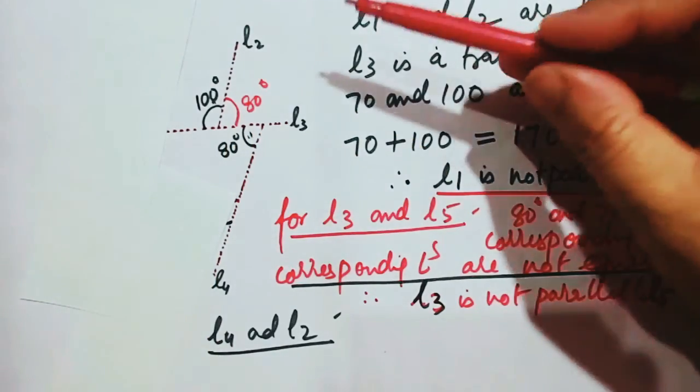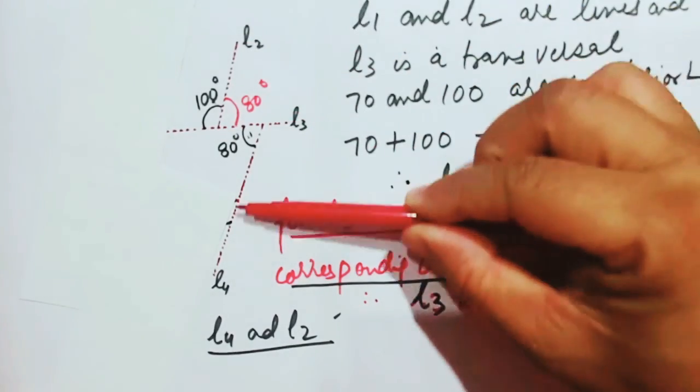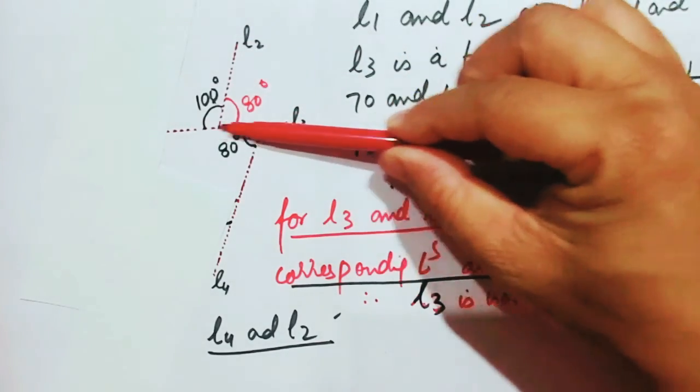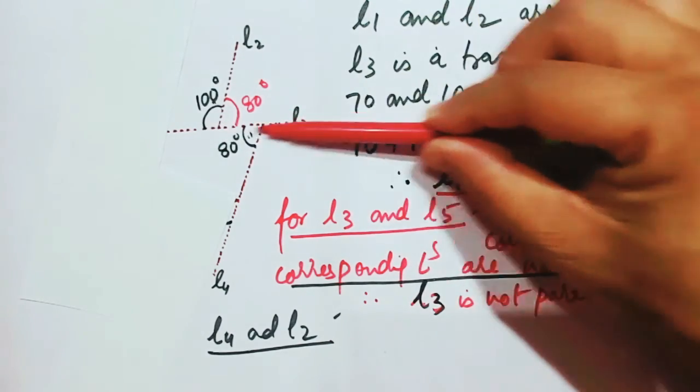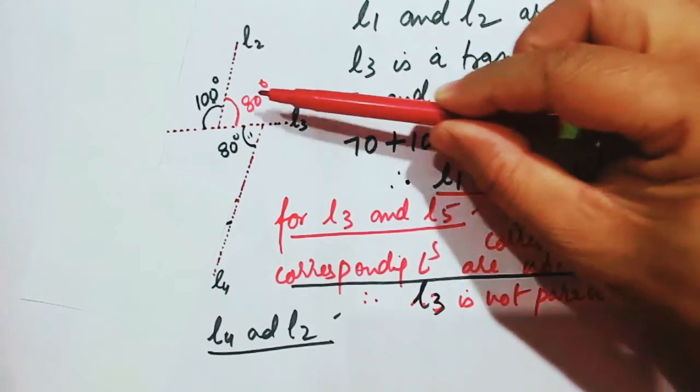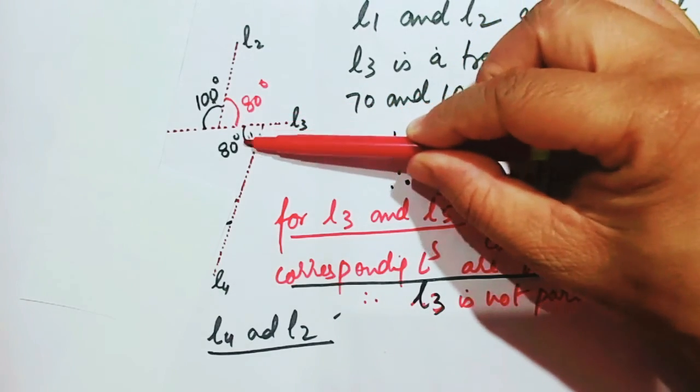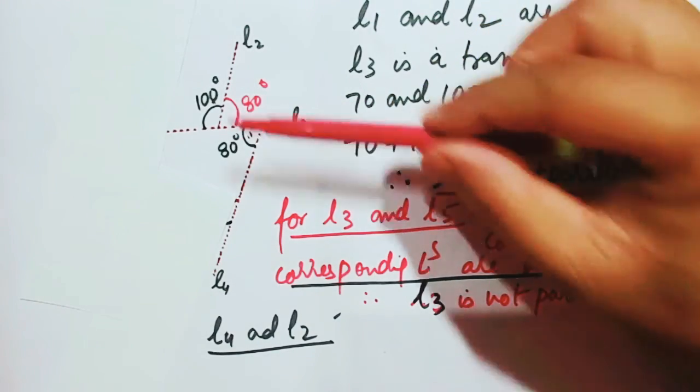And I find that when these two lines are given, L3 becomes the transversal, and therefore these two alternate angles are equal.